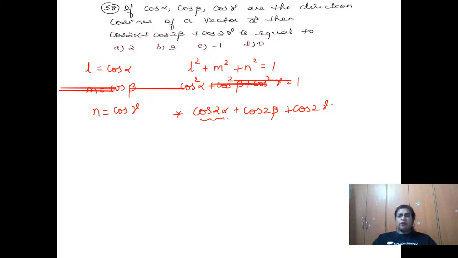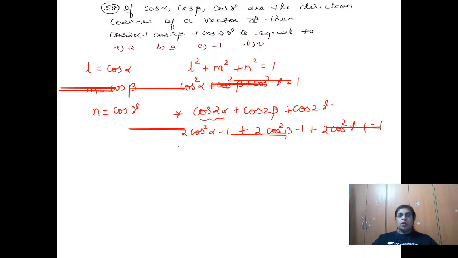The formula is cos 2 theta equals 2 cos square theta minus 1, right? In place of theta, write alpha. So this is 2 cos square alpha minus 1 plus 2 cos square beta minus 1 plus 2 cos square gamma minus 1.